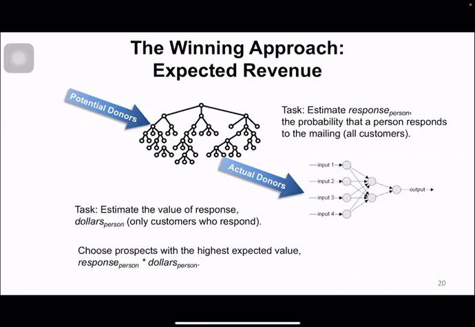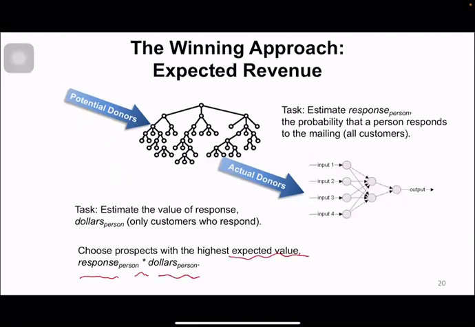And then you estimate the value of response. That means the dollars: for those people who respond, how much they are going to give. And then you choose prospects with the highest expected value. That means the probability to respond times the dollars they are going to give.